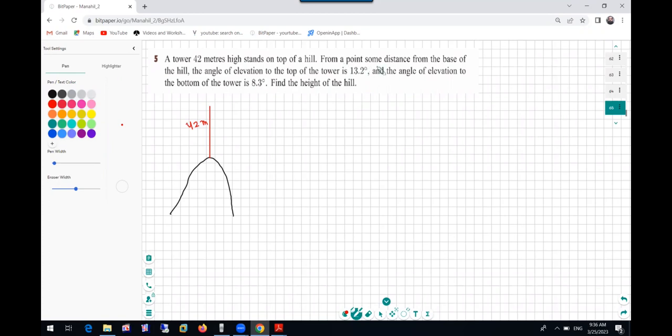From a point some distance from the base of the hill, the angle of elevation to the top of the tower is 13.2. So this is the base, and there is a point, right?